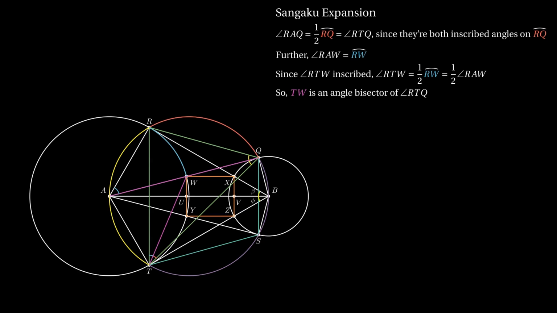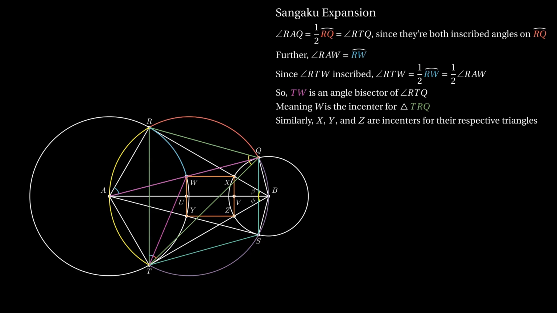So we know that TW must be an angle bisector of angle RTQ, meaning W is the incenter of triangle TRQ. Similarly, X, Y, and Z must be incenters for their respective triangles. And so the incenters of the cyclic quadrilateral RQST form a rectangle.